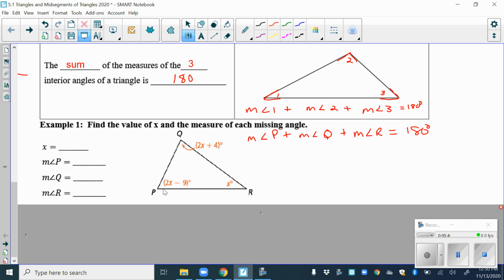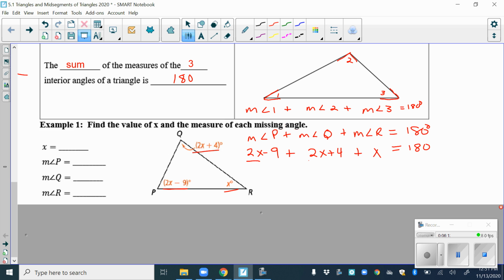So I can substitute each of my variable expressions into this equation. Angle P is 2x minus 9. I add to that angle Q, 2x plus 4. Add to that angle R, which is x. Now I can solve the equation and figure out what x is.